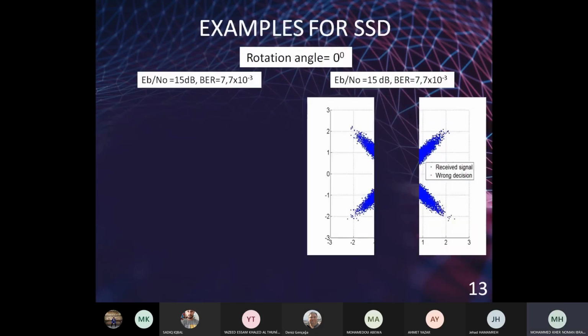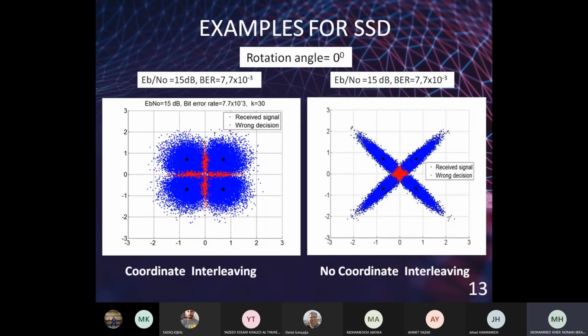So here's an example for SSD. I have 3 slides. We will see examples for SSD conditions. In the first example, only one condition has been applied, which is the interleaving. You will see that the rotation angle is equal to 0, and when I make interleaving, there was no change in the bit error performance.